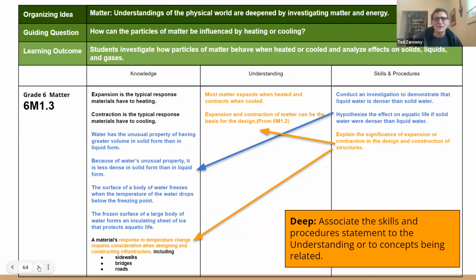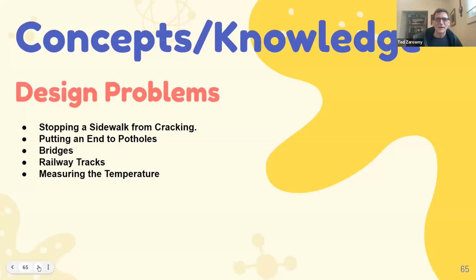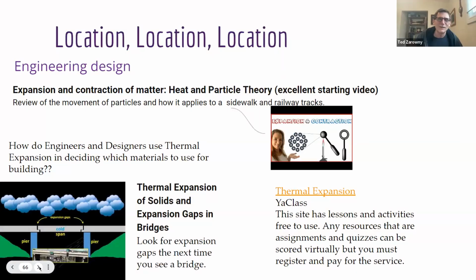But the key thing to understand with this one is the expansion and contraction is the basis for design. We have to consider those things when we're talking about design. So we'll take a look at some deep activities that can help understand that. You can skip that, although there's some design problems that we have, and then those things are explained here through Chris's slides and examples here.